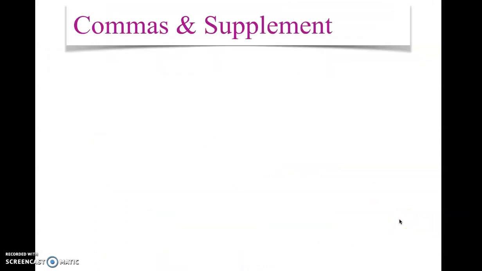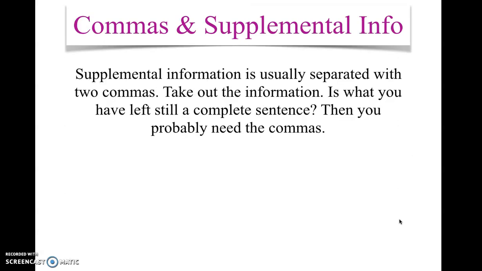So that takes us to our next group, commas and supplemental information. Supplemental information is usually separated with two commas. Take out the information. Is what you have left still a complete sentence? Then you probably need the commas.